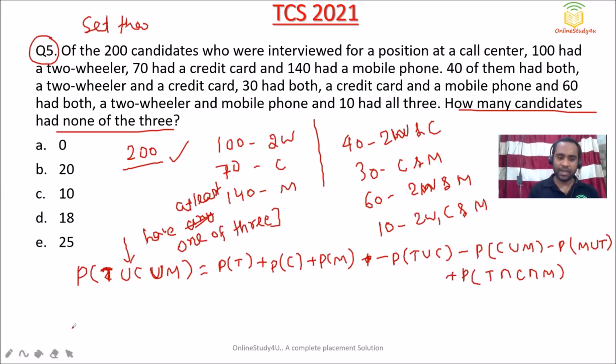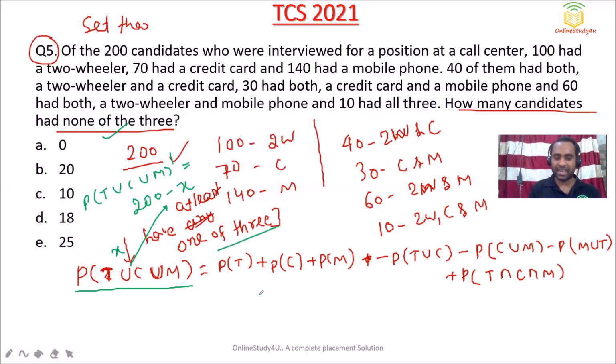The question they are asking is how many candidates have none of the three? So we need to calculate P(T union C union M) complement, which is nothing but the total minus what we are calculating. Suppose this is X.